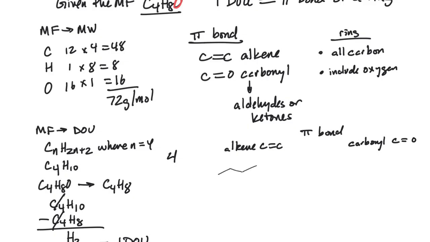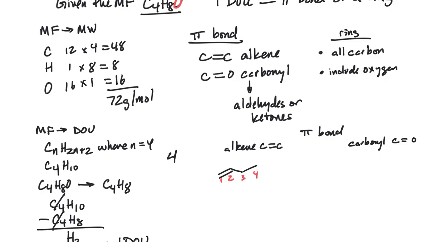So we have 4 carbons, and say we're going to use the red here to number some things. 1, 2, 3, 4. We want the degree of unsaturation to be a pi bond. So say we want to start at carbon 1 and put the pi bond. And so we have the unsaturation in there.